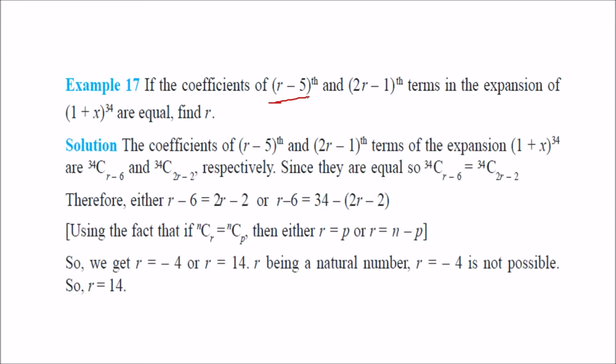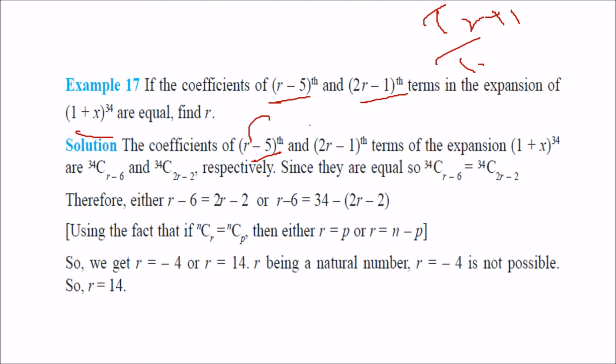Next is, if the coefficients of the (r minus 5)th term and the (2r minus 1)th term in the expansion are equal, find r. So you have to find T, because this is the rth term, so T(r+1). You can get the (r minus 4) term.